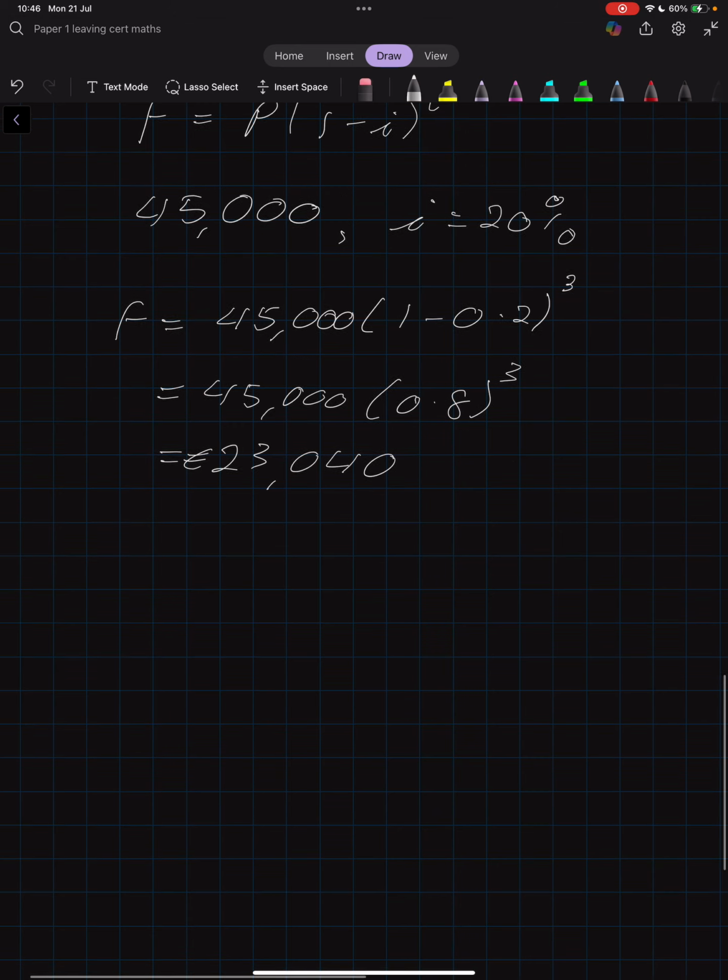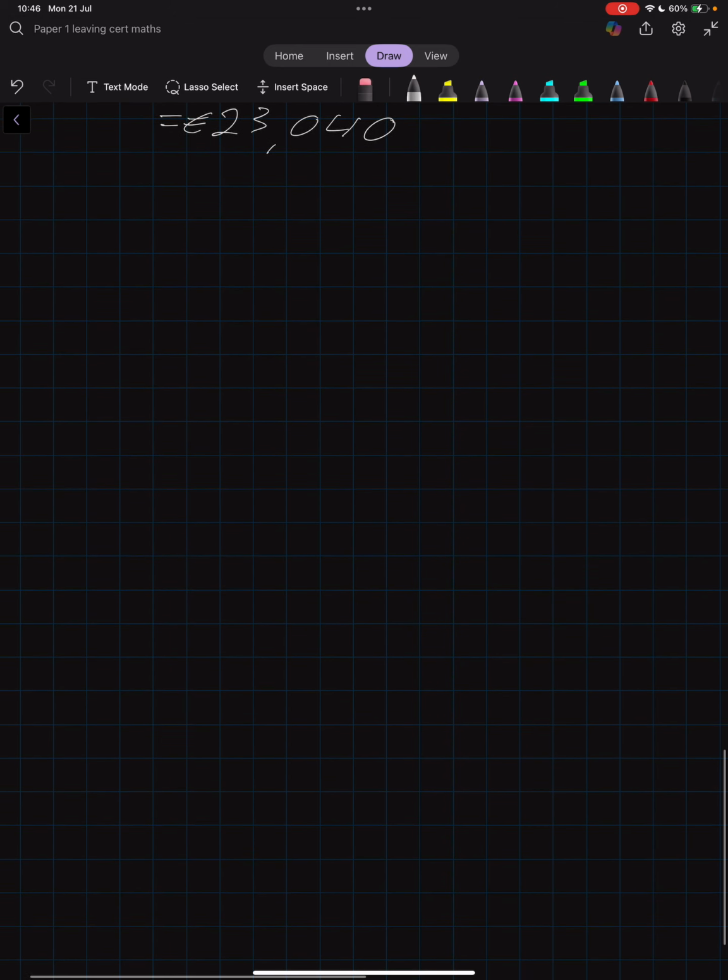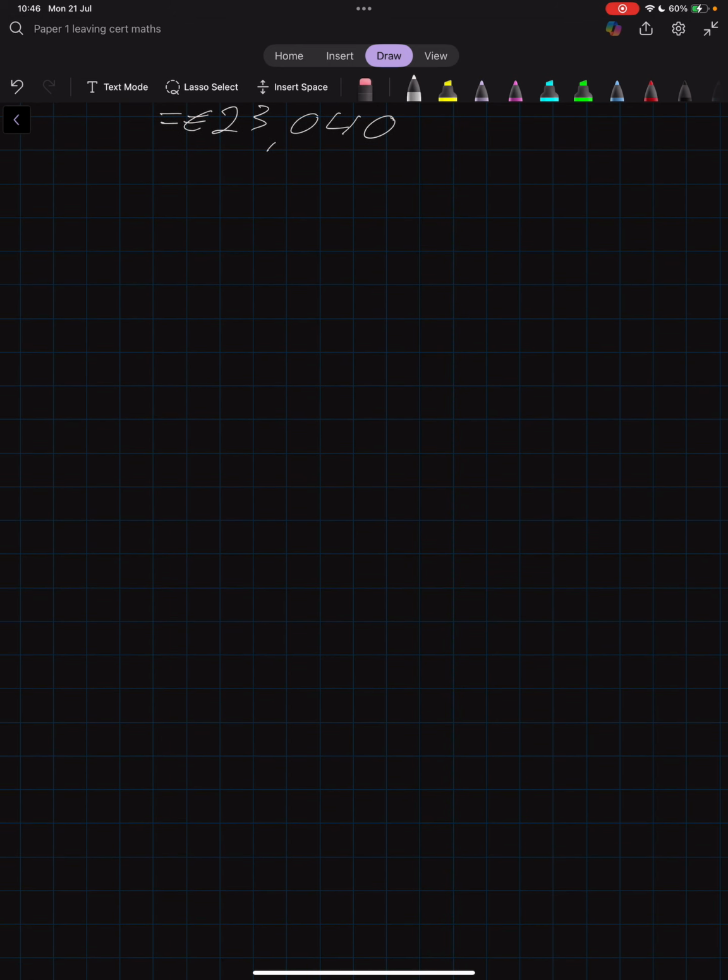Now, for arguably the most important part of this chapter, the amortization formula. Okay. The amortization formula, what it basically does is it says, okay, if you take out a loan today of 100,000 and you're paying it back for 20 years, how much are your monthly or yearly repayments?